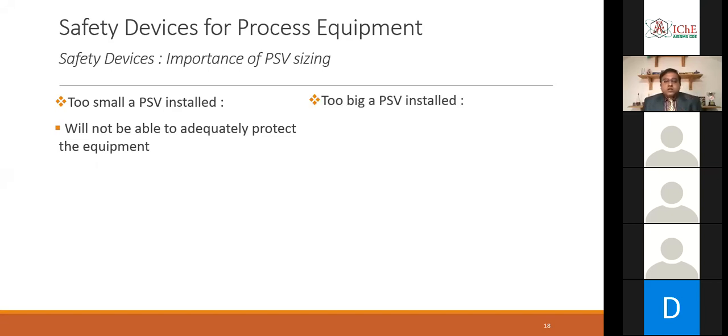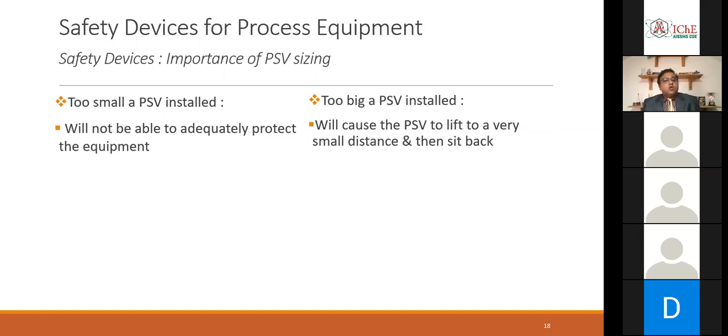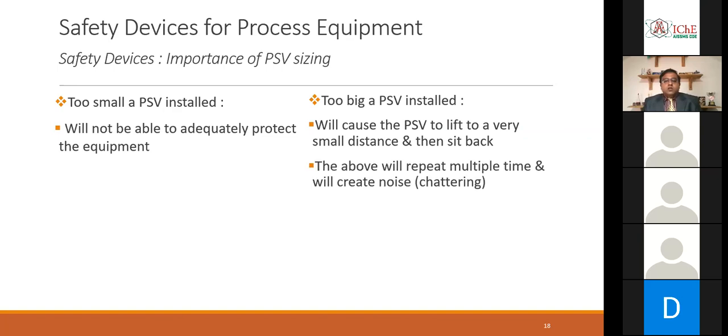If too big a PSV is installed, it will cause the PSV to lift a very small distance and then sit back, which will keep on repeating multiple times and create a noise. We call it chattering. Chattering ultimately will damage the PSV seat.